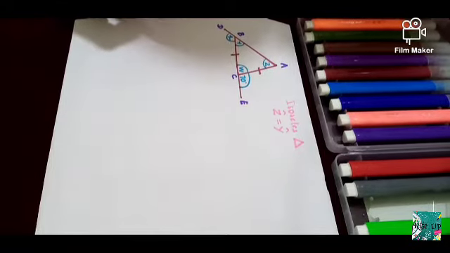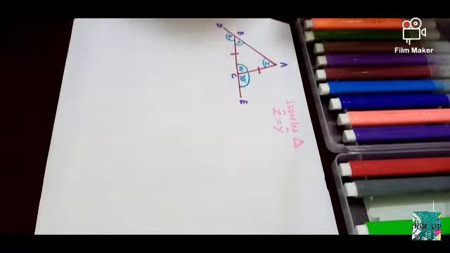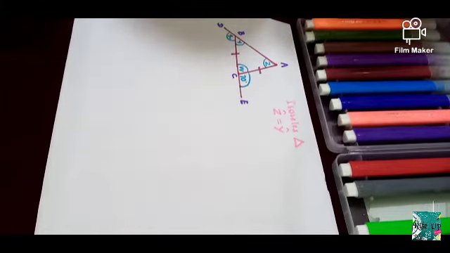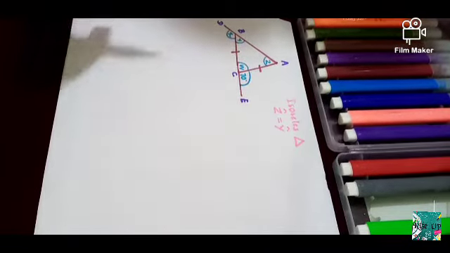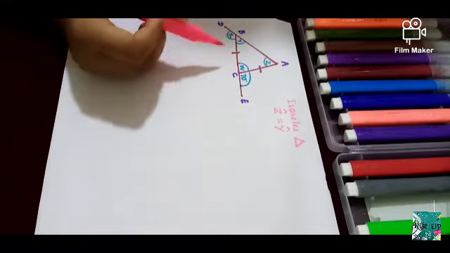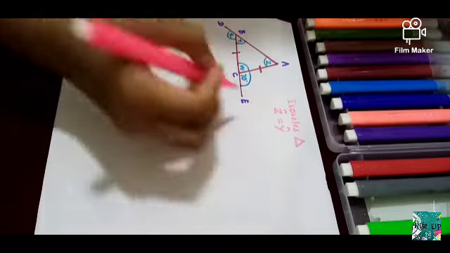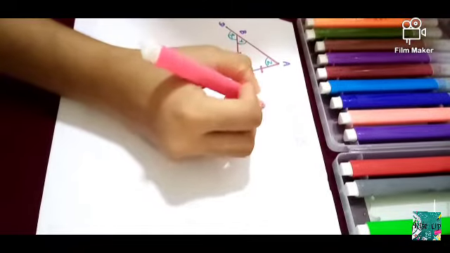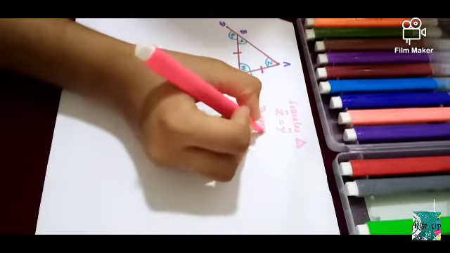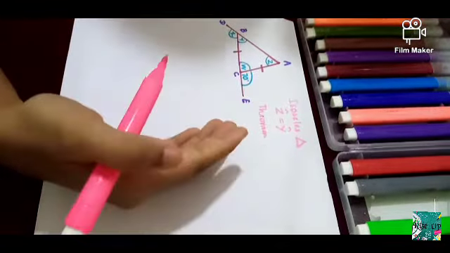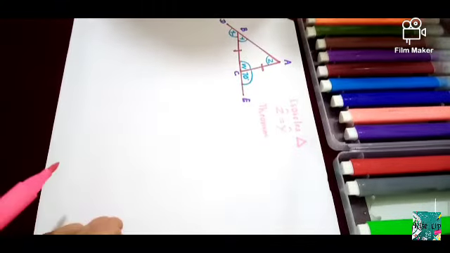What is the first angle that can be found? Did you identify it? The first angle that can be found very easily is angle W. These theorems are not only based on this lesson, some other lessons are also connected to this.